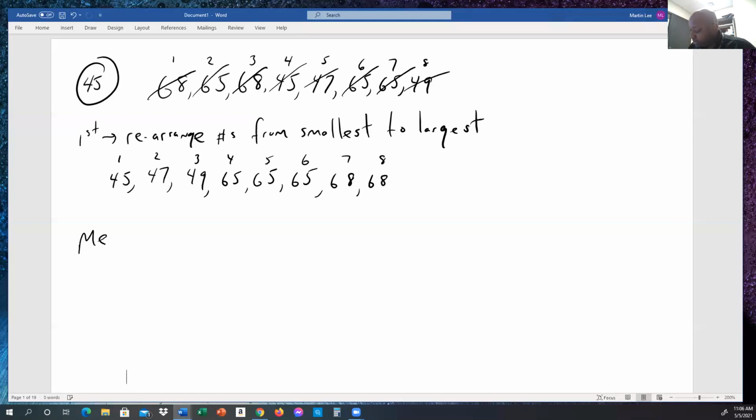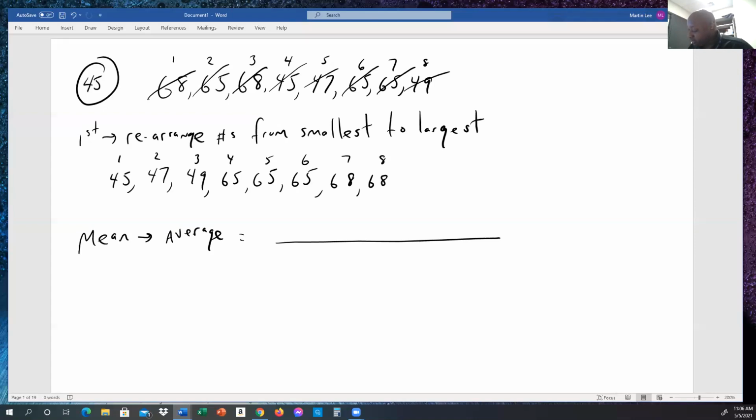Okay, the mean, this means the average. So that means we want to add up all the numbers and divide by the number of numbers.